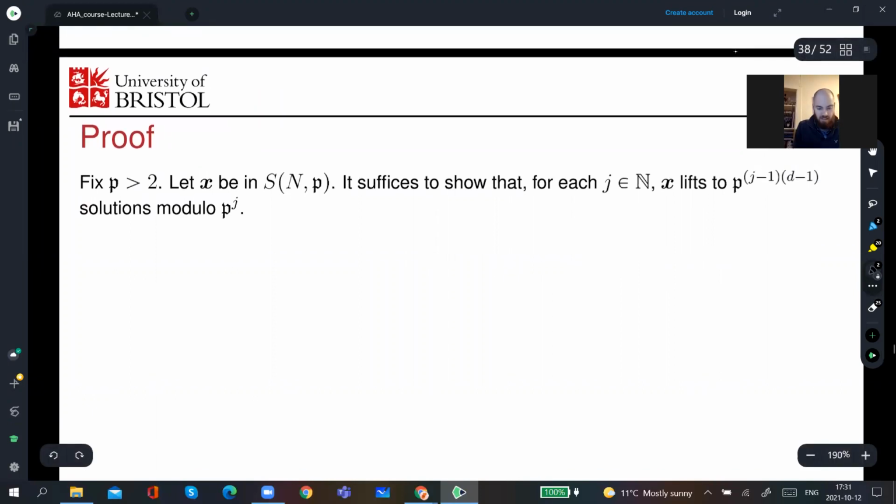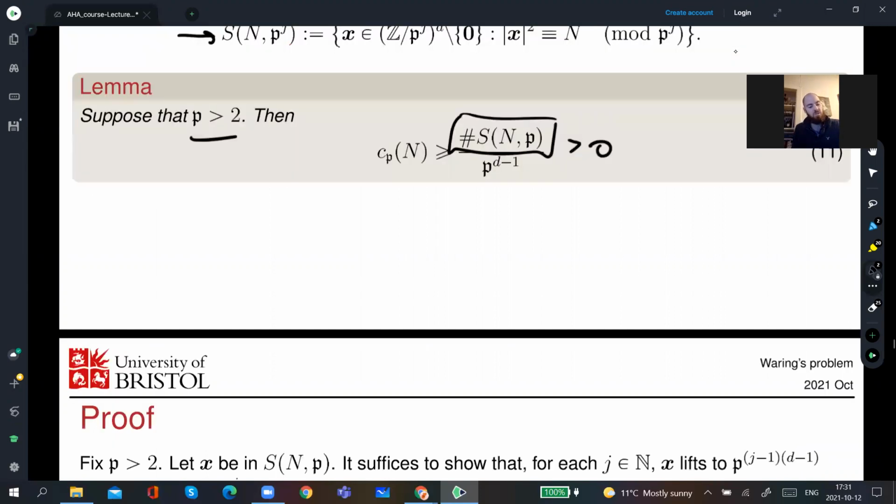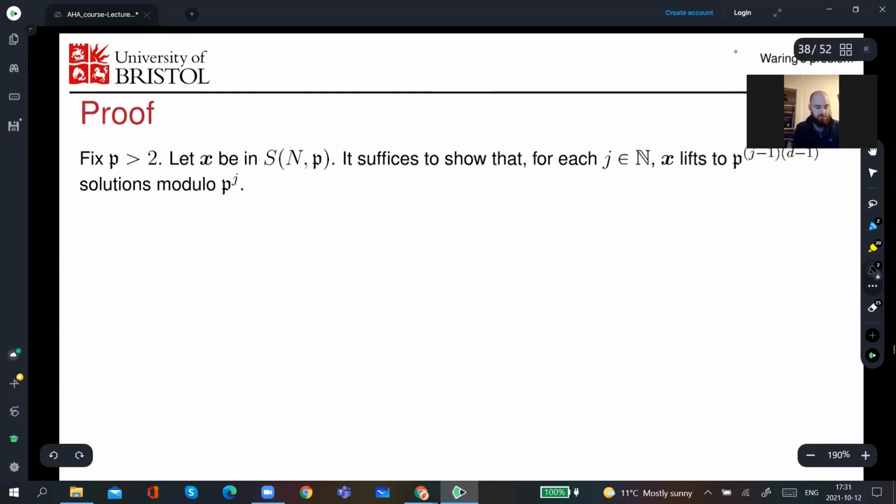I'm going to fix, all I have to do is do this for each element in here. If I take some element x inside S_n of p, which again was just the set of, say, y and z mod p to the d, such that y squared is congruent to n mod p, but excluding 0.